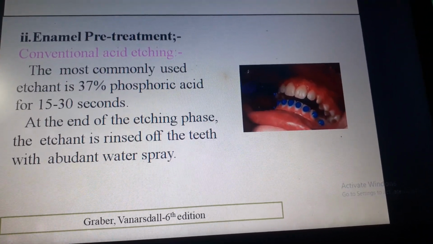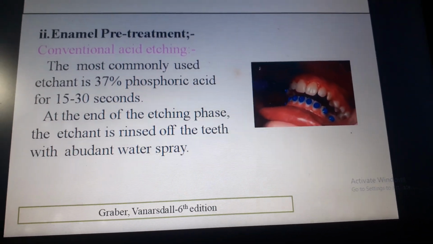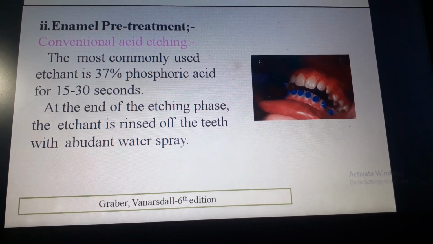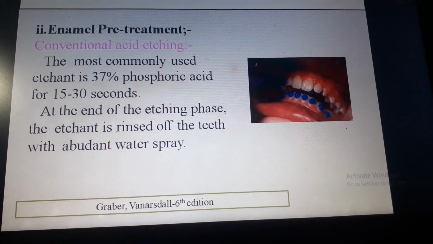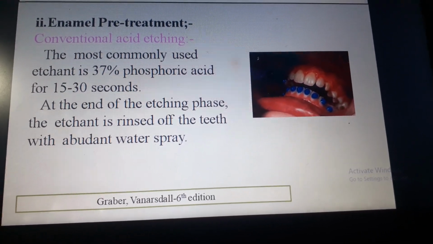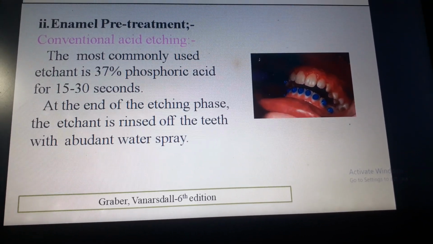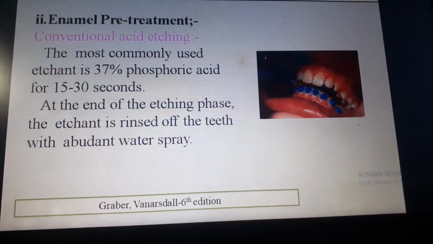Then enamel treatment. Before starting the bonding procedure, the tooth surface is treated with the etchant, that is 37% phosphoric acid for 15 to 30 seconds. At the end of the etching phase, the etchant is rinsed off the teeth with abundant water spray.